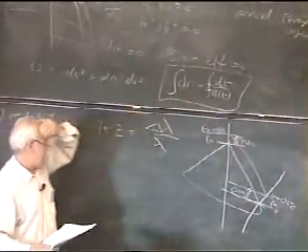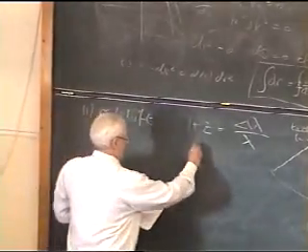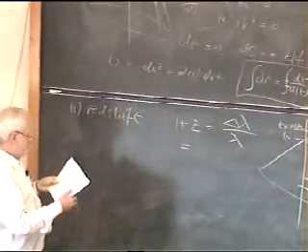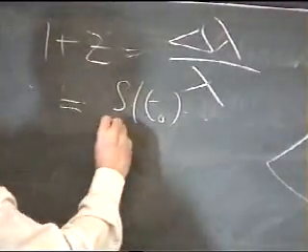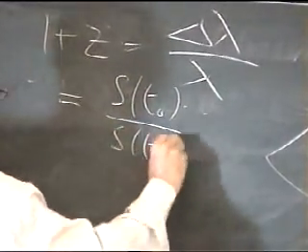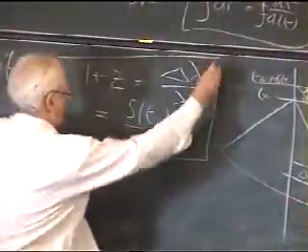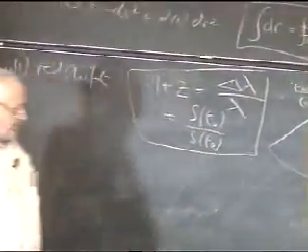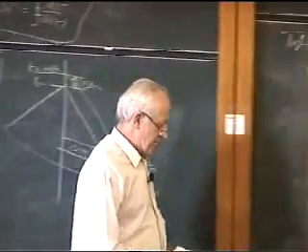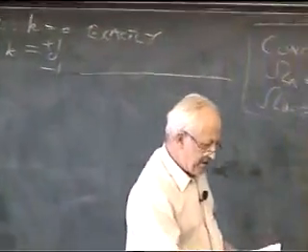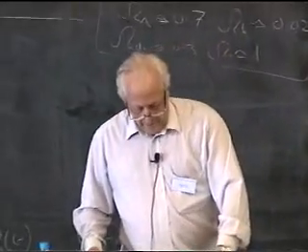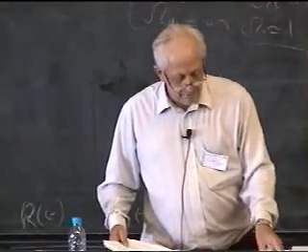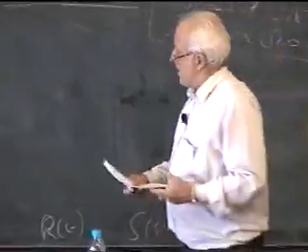That is a simple exercise out of that, and the result is the one which is very, very well known. It is the scale factor at the time of observation divided by the scale factor at the time of emission. And this is the first very, very basic and important result in Robertson-Walker cosmologies. Redshifts are a direct measure of the amount of expansion that has taken place in the universe.